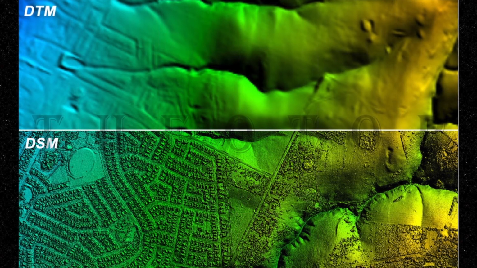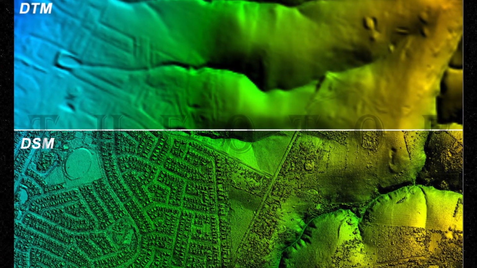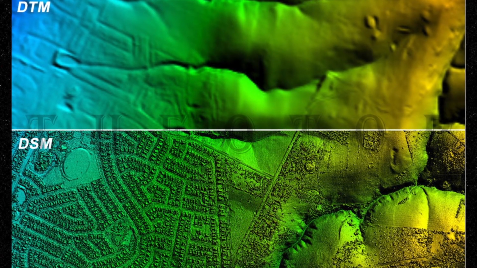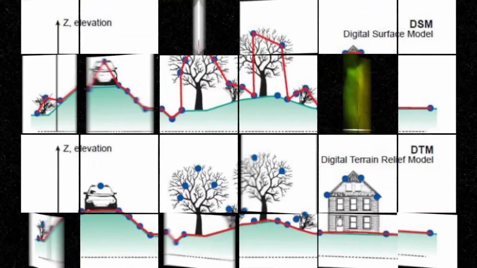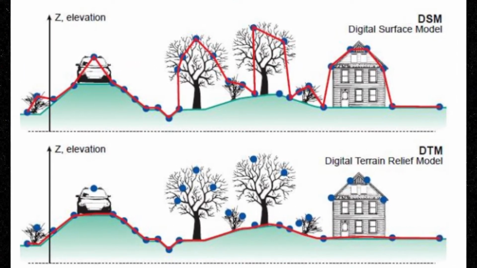DTMs can be created through various methods including digitized contours and even from the DSMs, using the difference between the height value of the trees and the buildings and their local neighborhood. Therefore, DTMs can also be created from any of the methods used to generate DSMs, from LiDAR to stereophotogrammetry as well as SAR, DGPS and ground surveying, all at varying levels of detail.